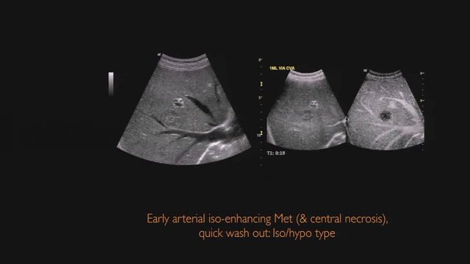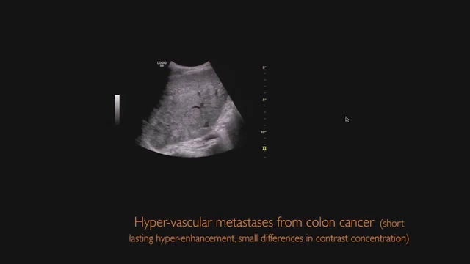Or here, of course, on grayscale, you can say, oh yeah, that's clear. This is a patient with a colon cancer, and you can see lots of metastases, but it's not so easy to define where and how many metastases are there. But if you give contrast, then you can see contrast is arriving.